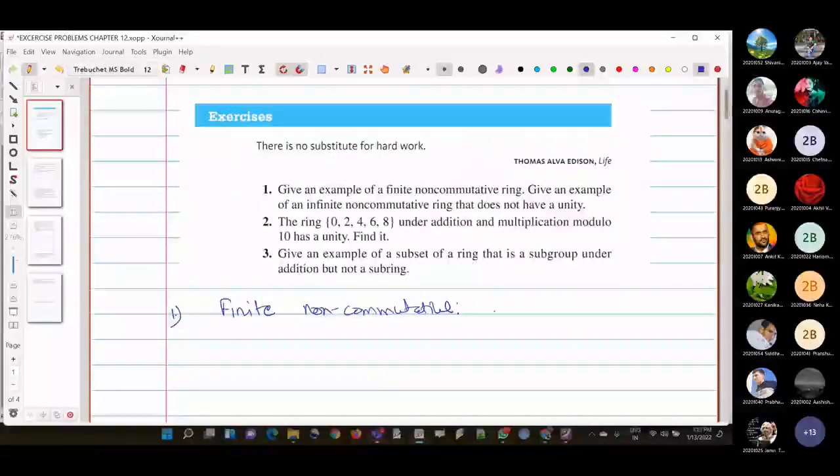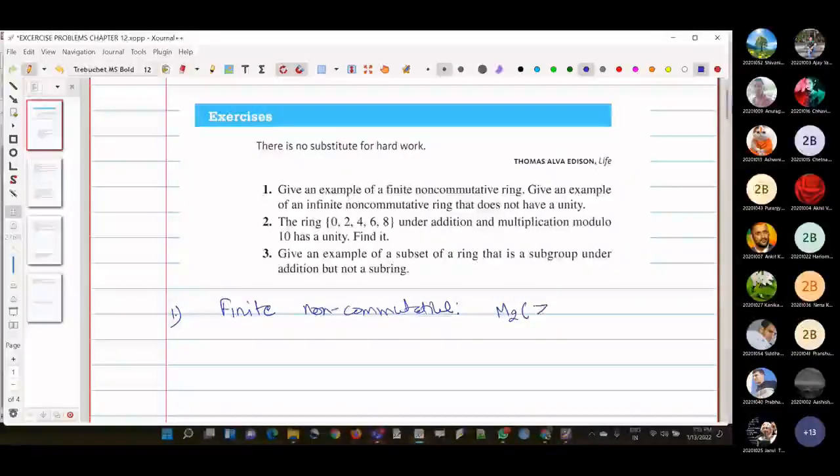So when it comes to a non-commutative ring, we can consider the set of 2 by 2 matrices.